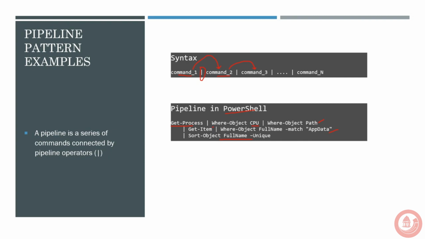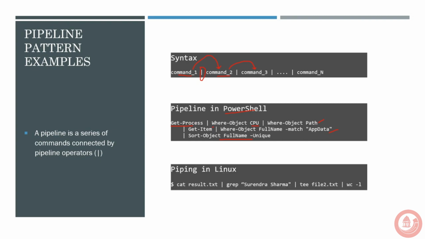So in PowerShell, we are using the pipeline. If you are working on the Linux side, then you have the piping character. You can use the cat command, which concatenates files, and then connect it with grep to do operations on some string, and then display it through the tee command, and finally you can get the total word count in each line.